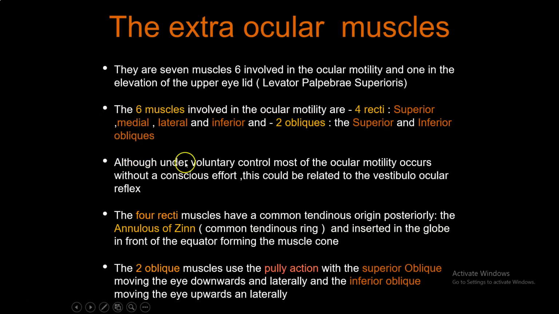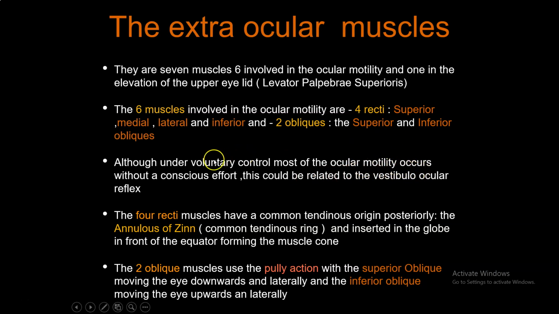Although there is voluntary control over ocular motility, so that you can voluntarily move your eyes in any direction you want, yet this is a conscious effort. Without this conscious effort, subconsciously, you actually move your eyes in all directions without noticing it.